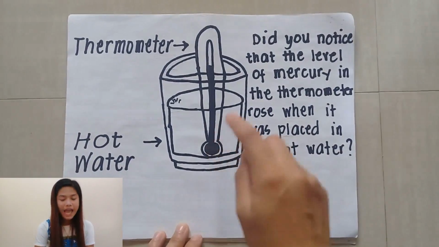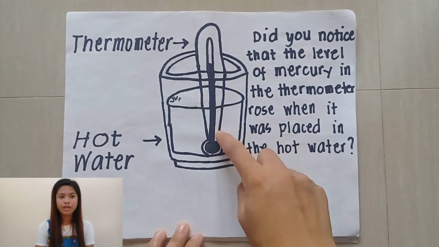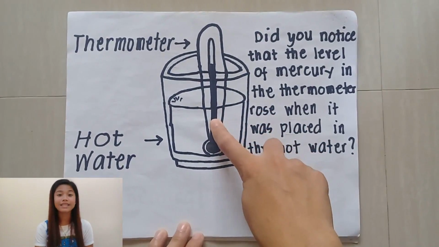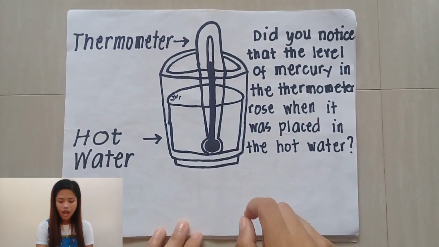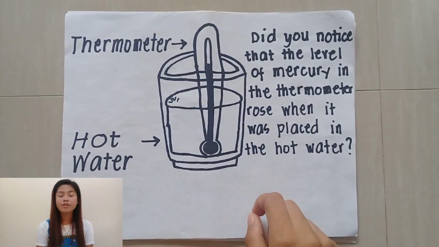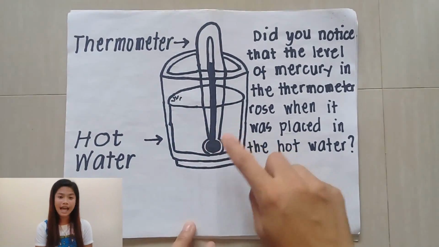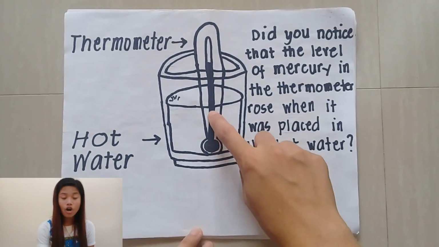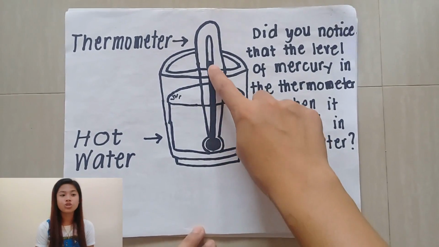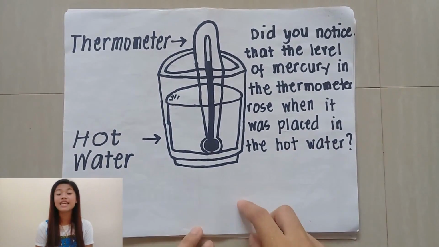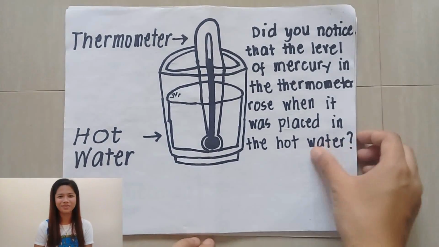The bulb and the narrow tube are filled with mercury, which is liquid at room temperature. Now, when a thermometer is placed in hot water, the mercury inside expands due to thermal expansion, and as a result, its level rises.